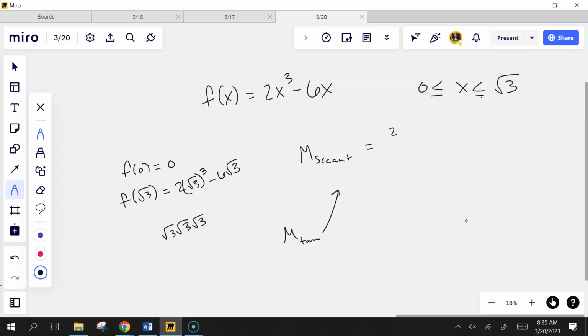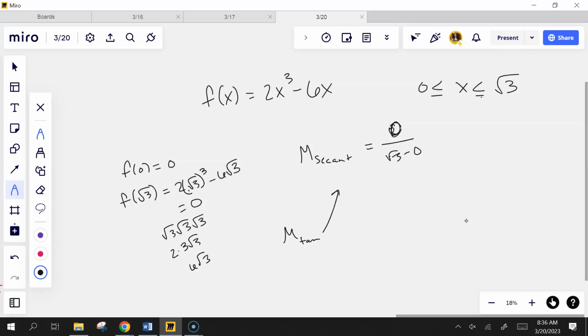It's making me question myself. Is 3 square root of 3. I got the 2 out there. 6 square root of 3. 6 minus 6 is 0, right? That's what I was thinking. So the secant line slope is 0 over something. It doesn't even matter as long as it's not 0, and it's not because square root of 3 minus 0 is just square root of 3.